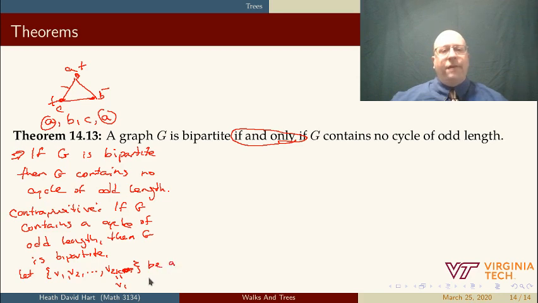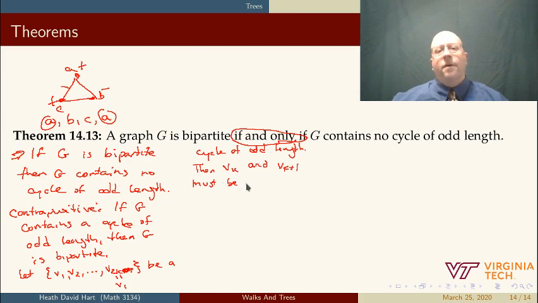So let this be a cycle of odd length. Then Vk and Vk+1 must be in opposite sets for all, actually I shouldn't use K here and K here, so I'll make this one a J, for all k.